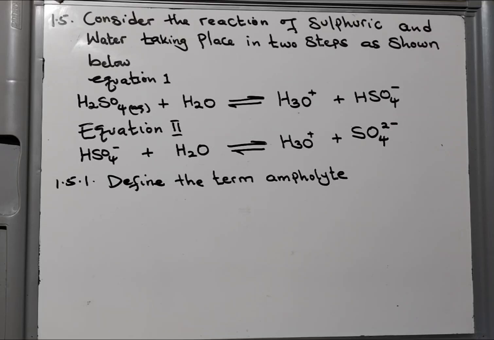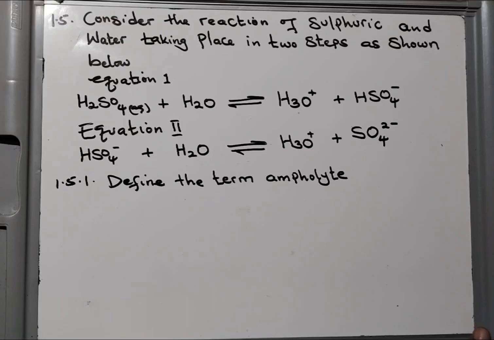And the first question comes. It says, define the term ampholyte. What is an ampholyte? An ampholyte is a substance which reacts as an acid at one point and a base at another point. So it can react as an acid and a base.